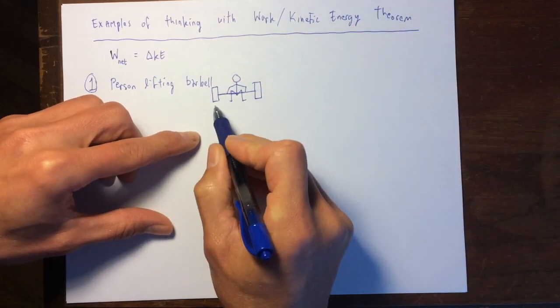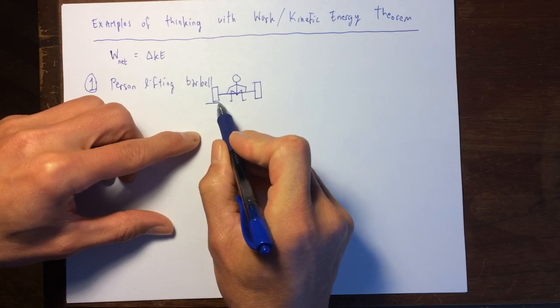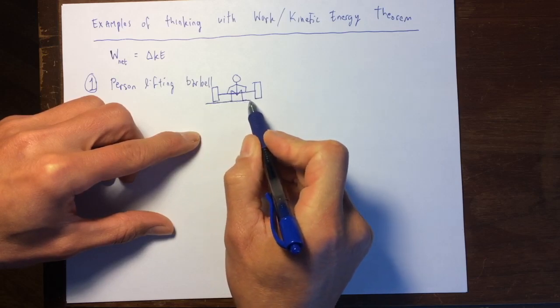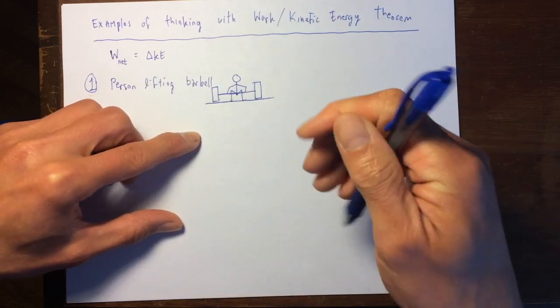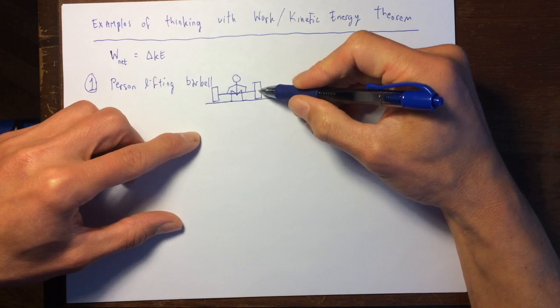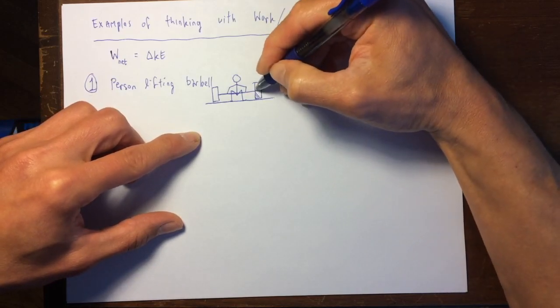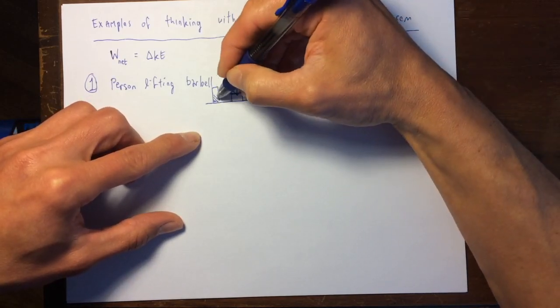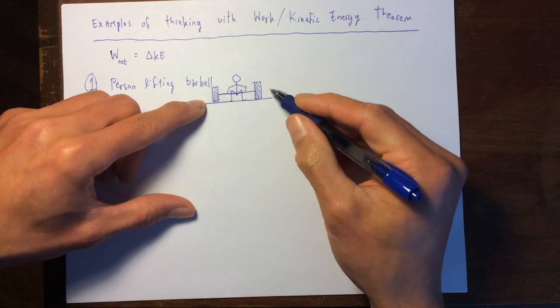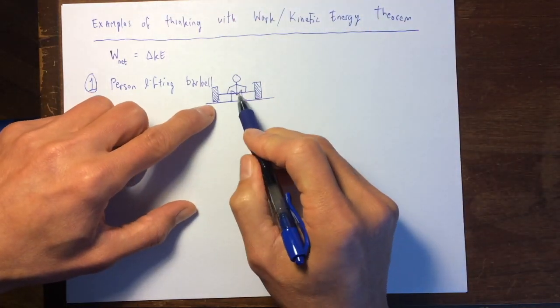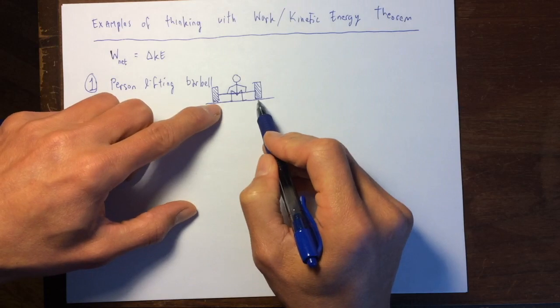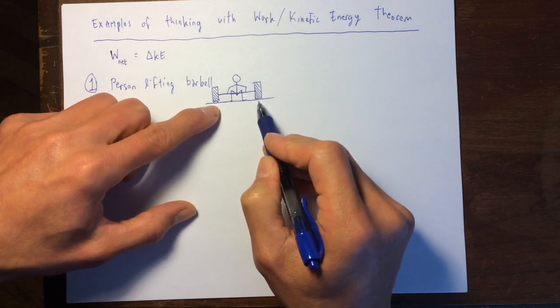And I'm going to be very careful. I'd like you to notice that the ground that the person is standing on is not touching the barbell. So the barbell, you can see this heavy weight, has already been lifted so that it's no longer in contact with the ground.